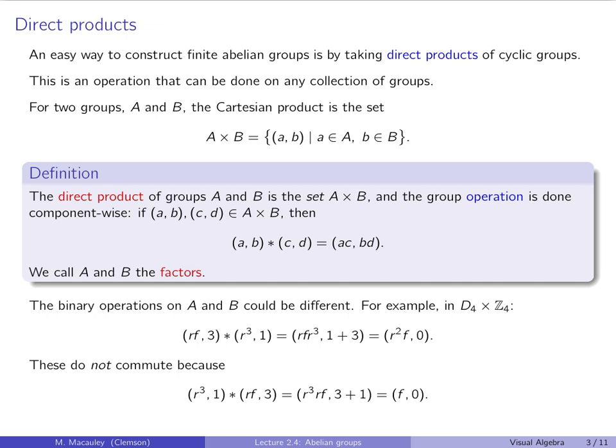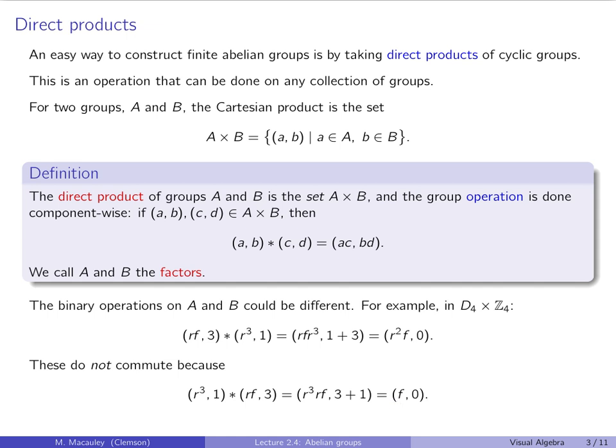In the second coordinate, you add them, so 1 plus 3, or 3 plus 1, which, if you use the relations, this ends up being R squared F, and 1 plus 3 in Z4 is 0. Note that these elements do not commute, because if you do this in the opposite order, in the first coordinate you get R cubed RF, which is equal to F.